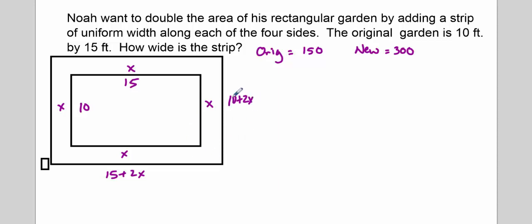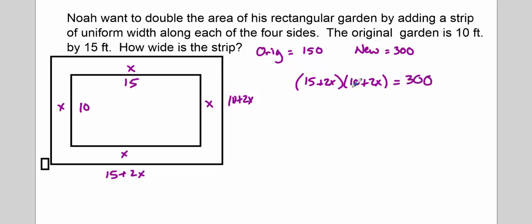And that's my new set of dimensions. So in this case, I have 15 plus 2x and 10 plus 2x is equal to 300.